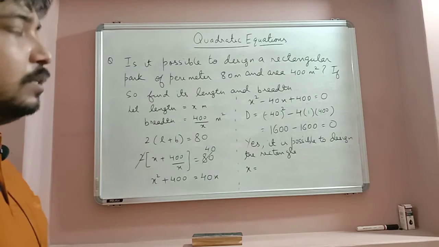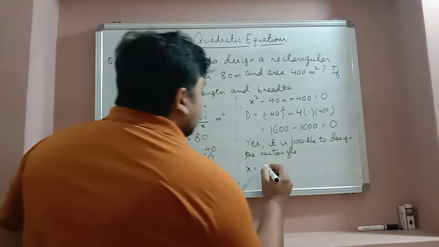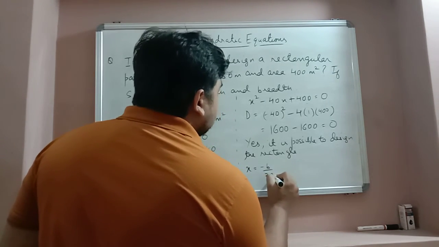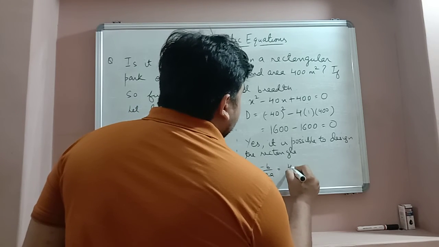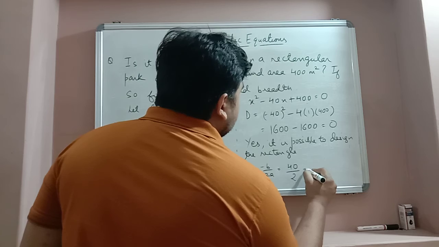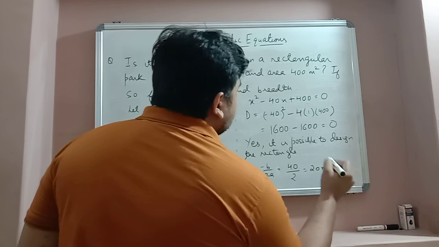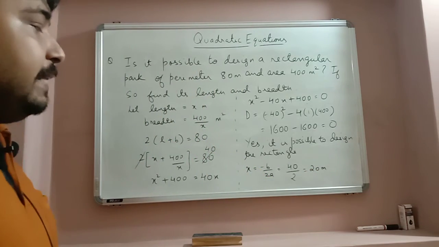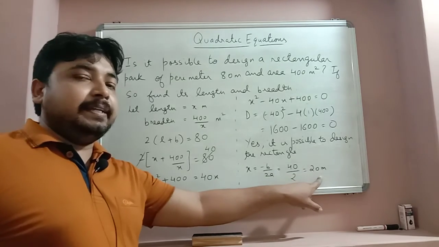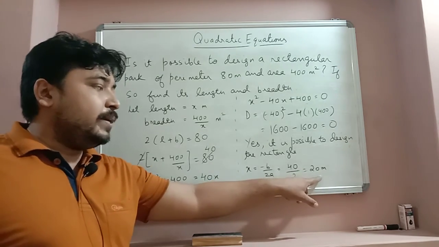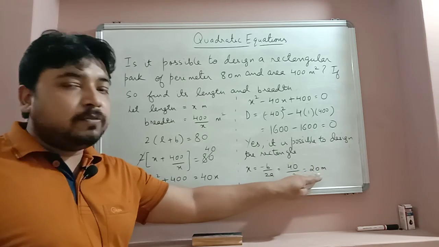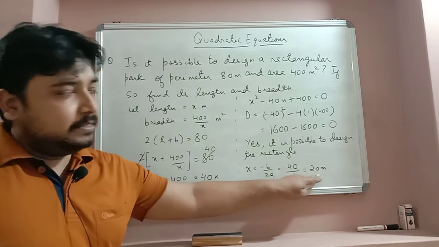Since D is 0, x will become minus b by 2a, which equals 40 by 2, which equals 20 meters. So the length and the breadth both are equal to 20. It will have equal roots. And 400 by 20 is also 20. So therefore length and breadth both will come out to be 20 meters.